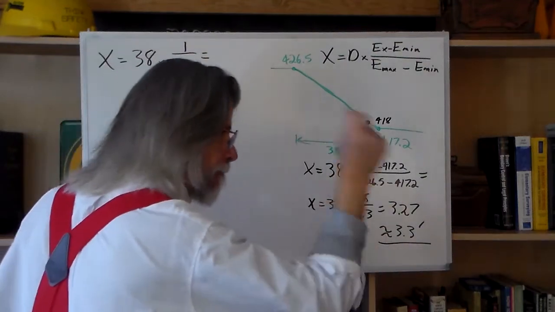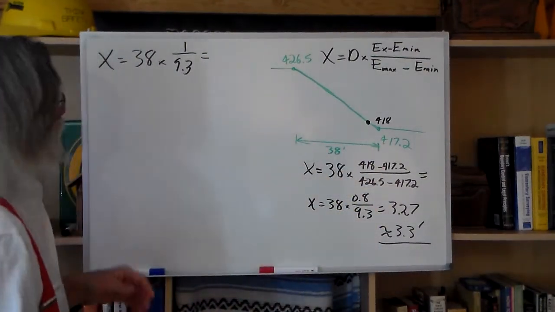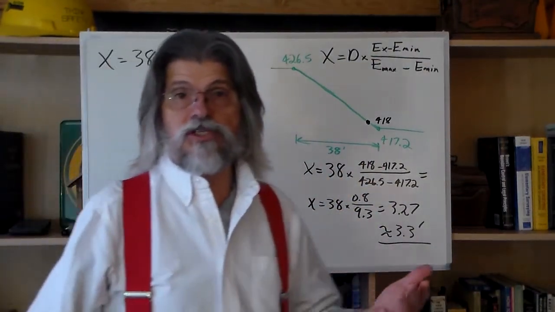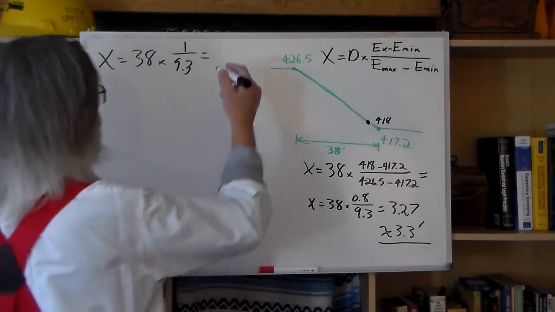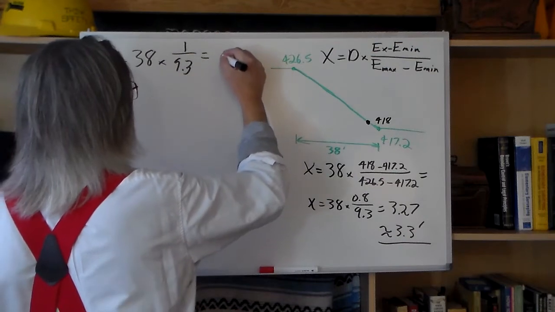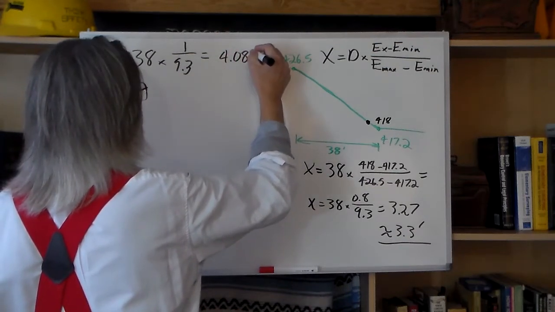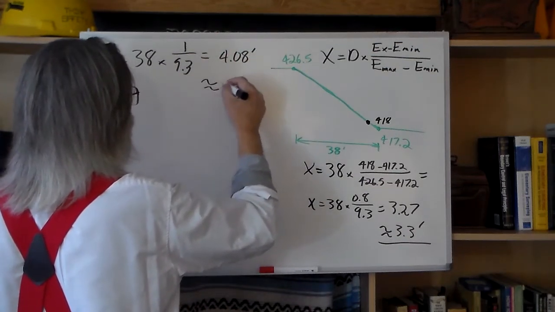Do the math. That gives you a horizontal distance between 1 foot contours of 4.08 feet. And we're just going to say 4.1.